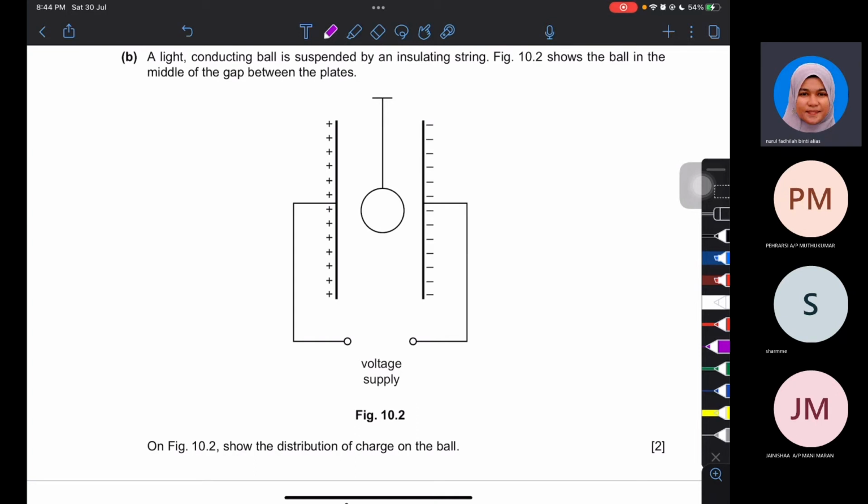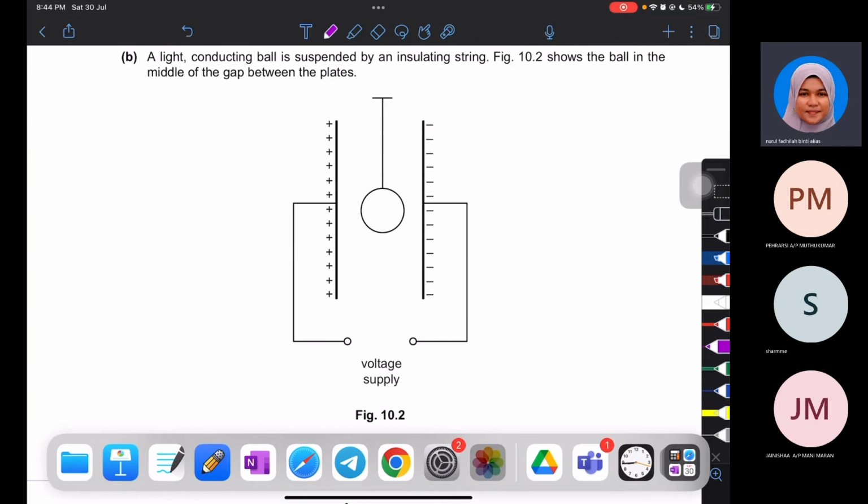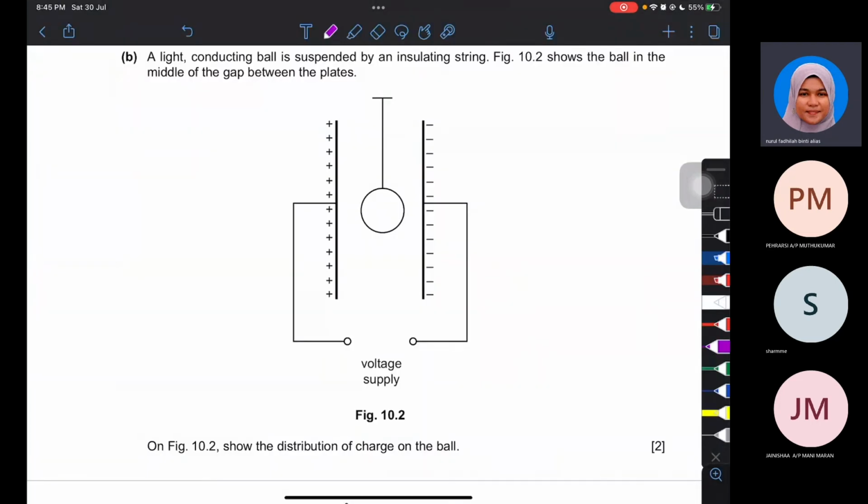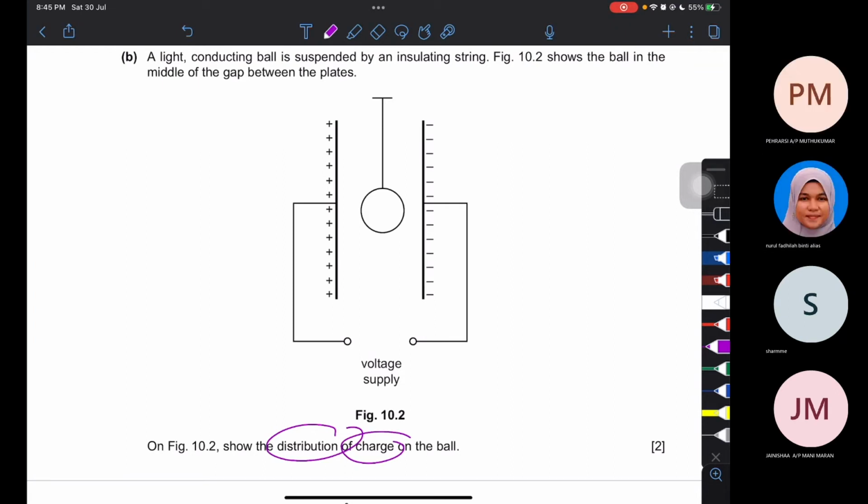Jadi, bila ball tu tengah-tengah, saya nak tunjuklah, saya ada satu gambar, to show the distribution of charges on the ball. So, dia kata, the ball in the middle between the plates. Jadi, macam mana you akan draw the distribution of charges? Sama banyak ke lebih sikit? Sama banyak.